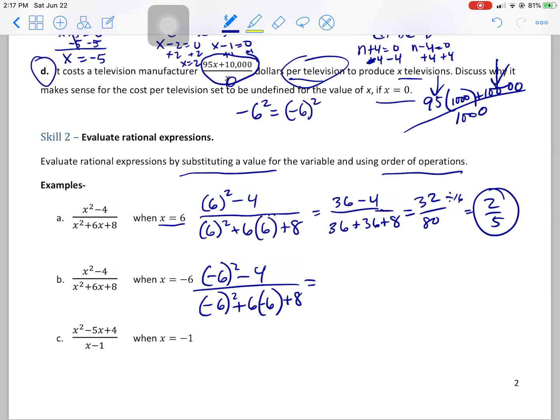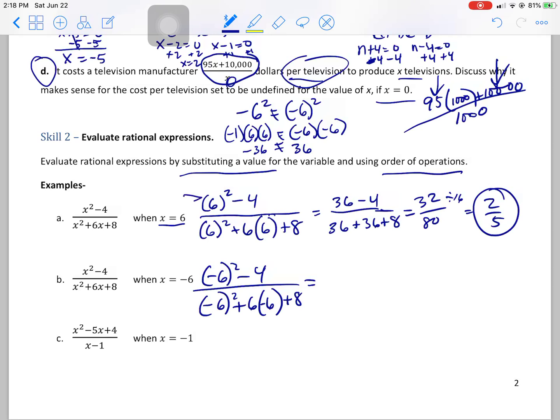It's probably one of the most common mistakes in algebra people can make. This is a -1 times 6 times 6. This is a -6 times -6. This is going to equal a positive 36. This is going to equal a negative 36.